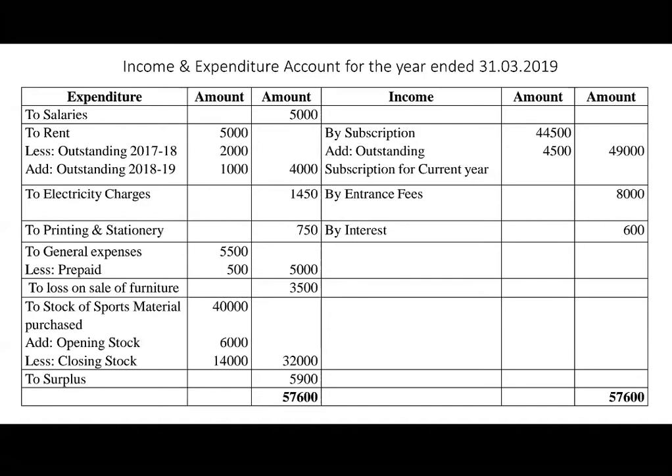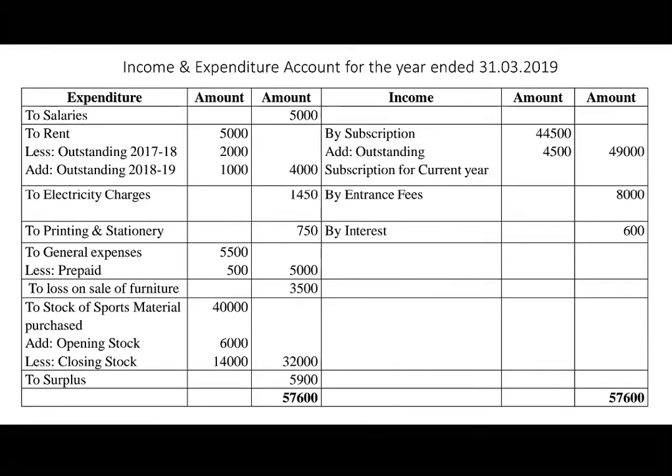Correct, Shivam: the liability side of the balance sheet, because rent is an expenditure. The outstanding effect of expenditures will be shown on the liability side.